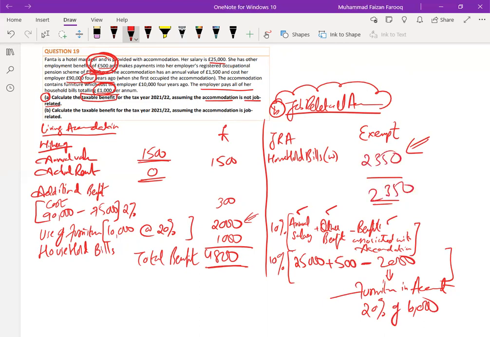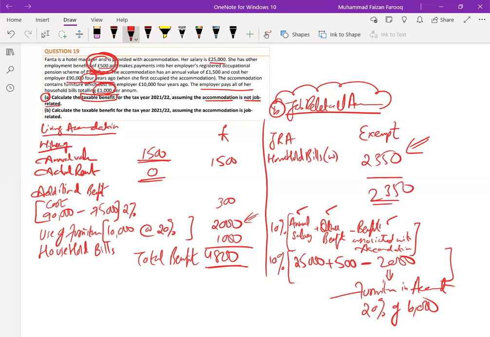Use of asset will not be reported separately. Note down, use of asset will not be reported separately if the asset is provided within accommodation and the accommodation is job related. If it is living accommodation, the accommodation benefit will be calculated, the additional benefit will be calculated, use of furniture calculated separately, and all the related expenses of accommodation paid by the employer will be added as they are in the format.